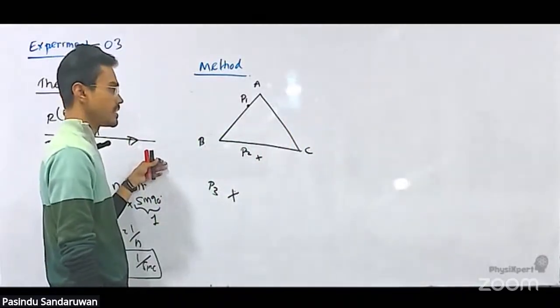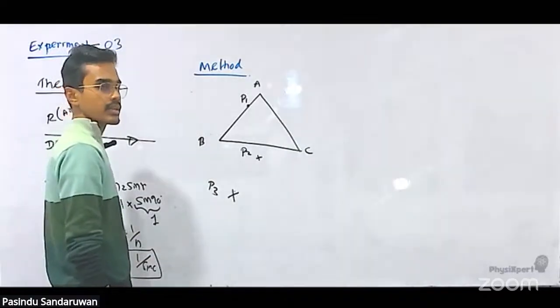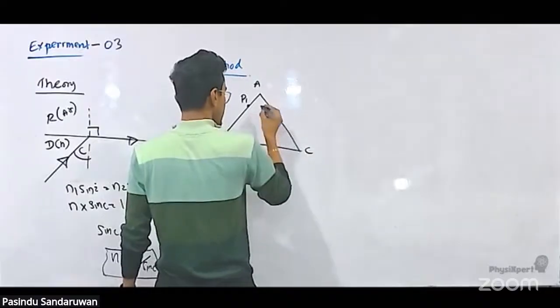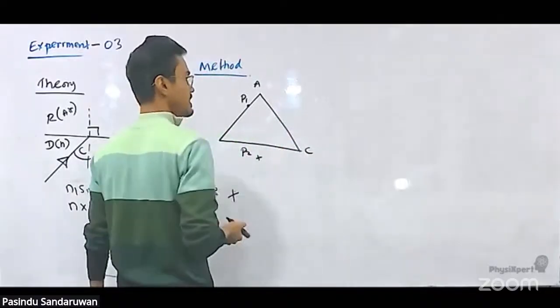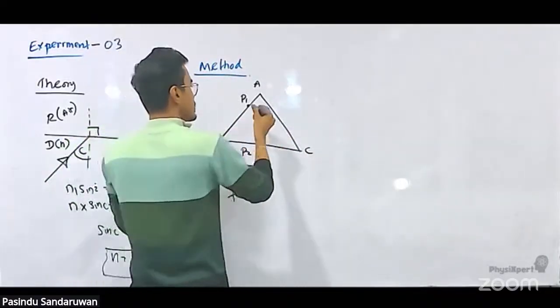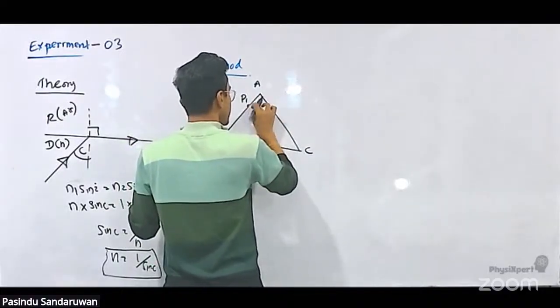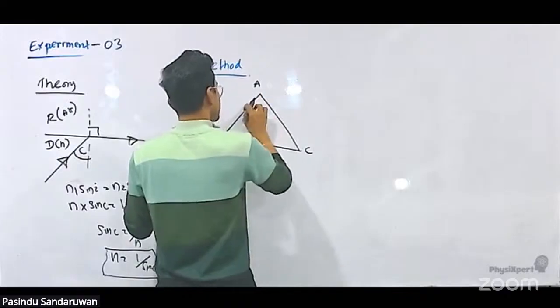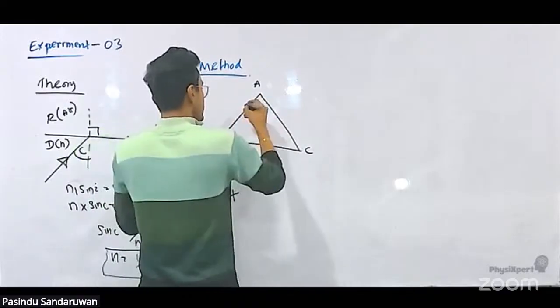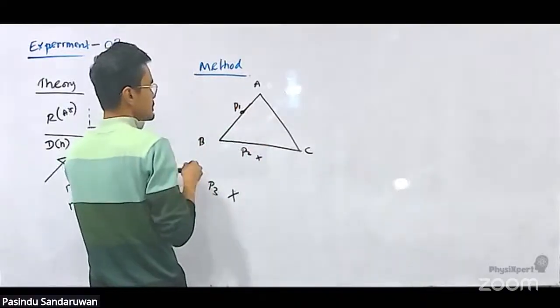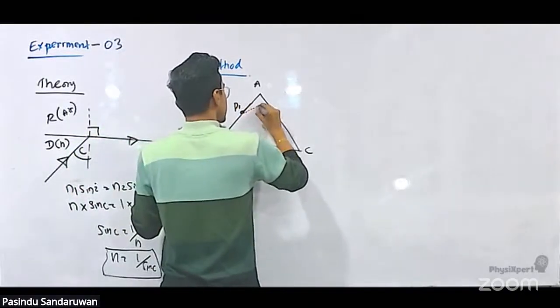Prism boundary mark, then this is a construction. First, you have to draw a normal to this face AC, like this.